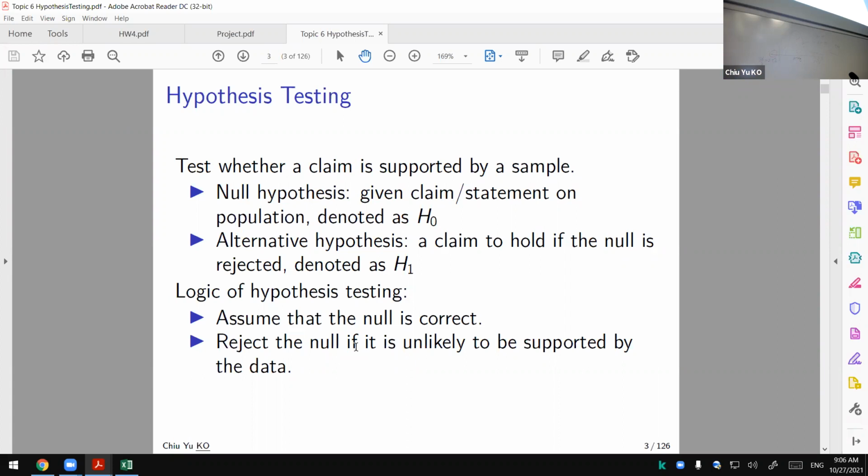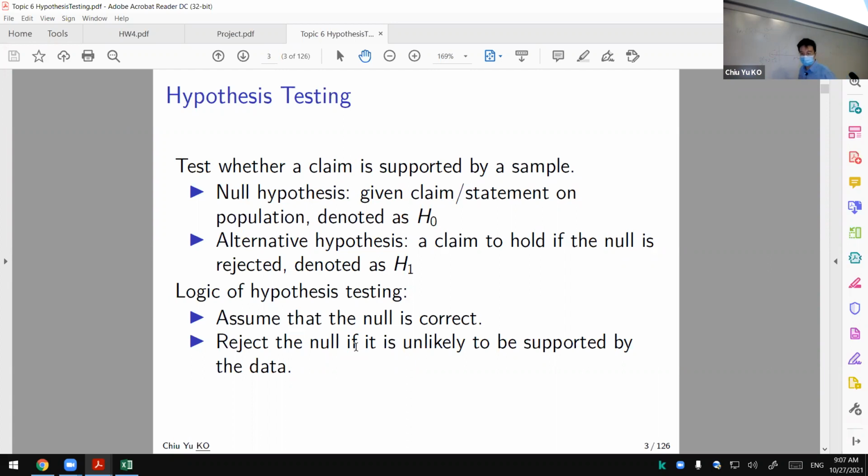Do remember how this probability is determined. It depends on the variance, which is the variance of this. Which means that if you collect more data and the sample is bigger, then this area will shrink, because with more data it is more concentrated.